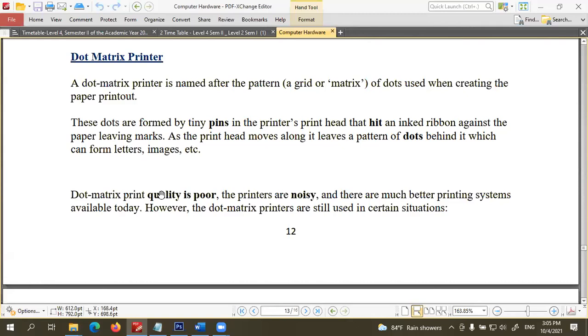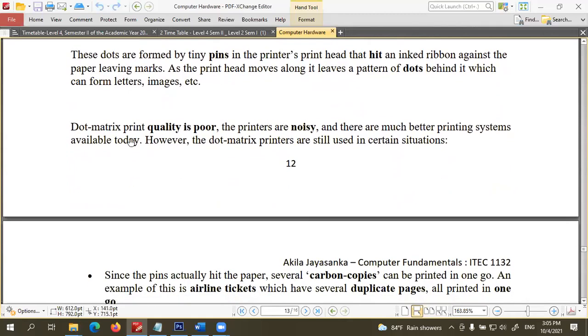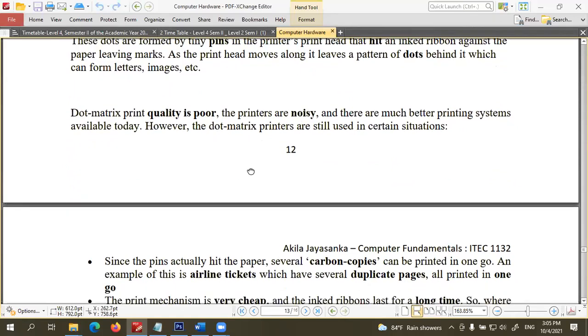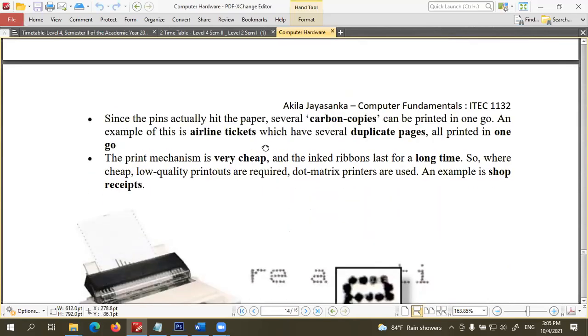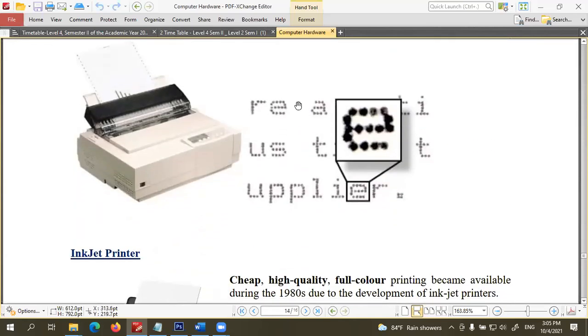Most of the time, dot matrix printers are used to print invoices. There are also some disadvantages. The quality is poor and it is noisy. It generates a heavy noise when printing. You can see the output of the dot matrix printer, and very few fonts are available with these printers.